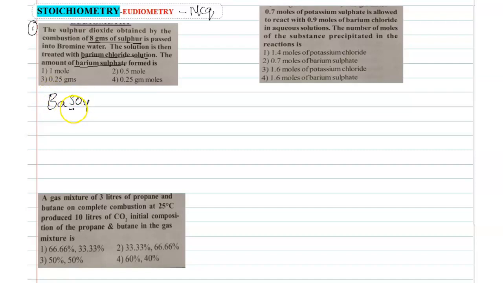So normally in barium sulfate, sulfur weight is 32 gram. So normally 32 gram means 1 mole. So 32 grams of sulfur forms 1 mole. But here in this case they mentioned 8 grams of sulfur.